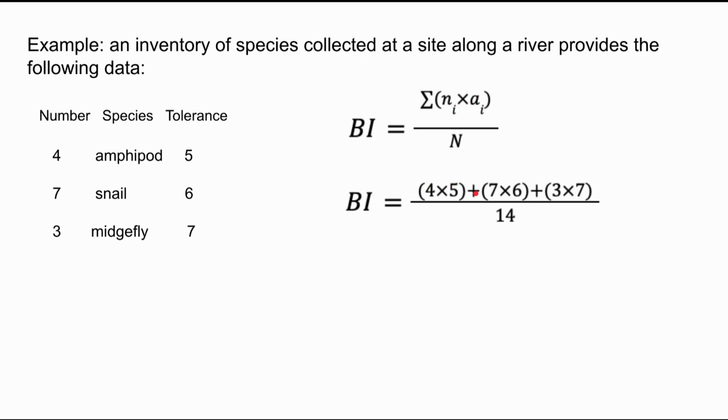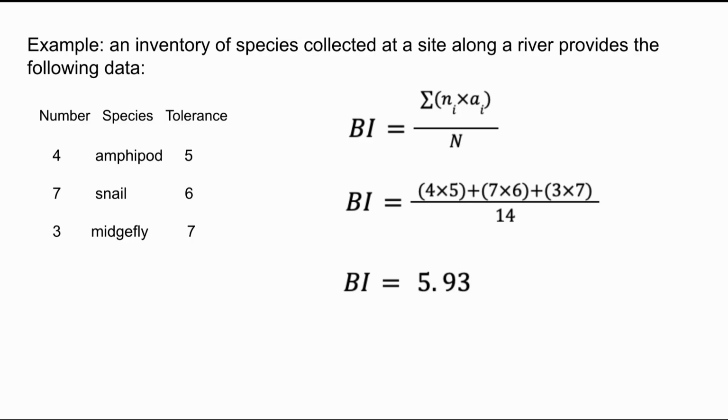Then I'm going to add that to the other one. I have 7 snails, tolerance rating 6. Plus, I have 3 midgeflies, tolerance rating 7. The total number of organisms that I collected was 14. So I'm going to put 14 down below here. That's how you do it. And it basically gives us a weighted average. And when I do this, I find my biotic index is 5.93.